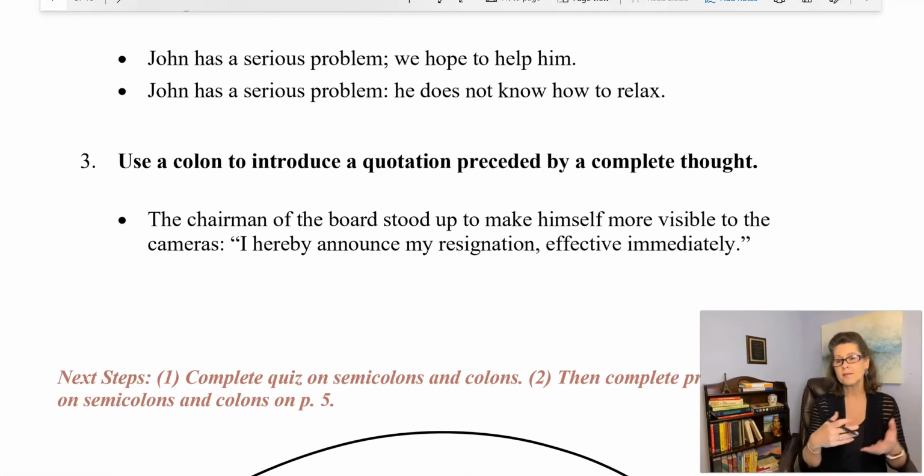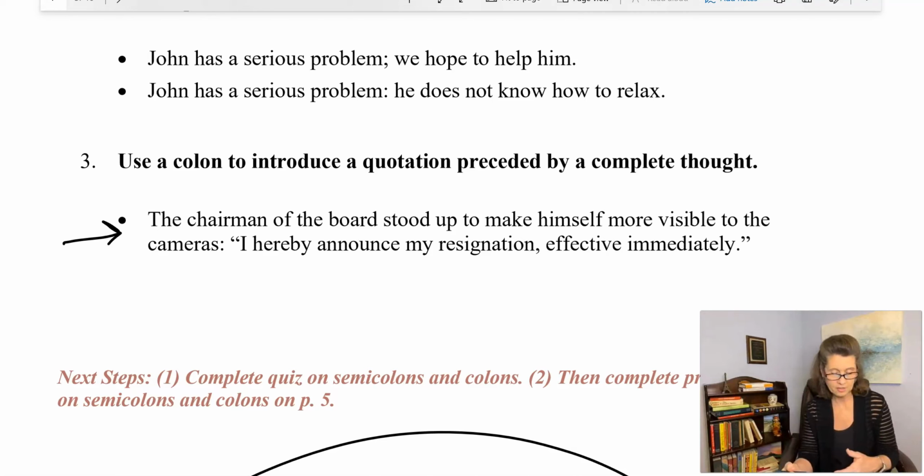But sometimes we have something more before a quotation, something more elaborate that is itself a complete sentence. As in this example, the chairman of the board stood up to make himself more visible to the cameras. And now I'm going to tell you what that person said, which is also an independent clause.